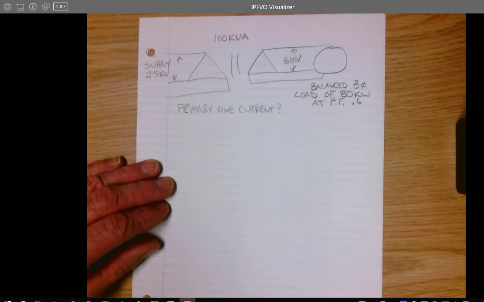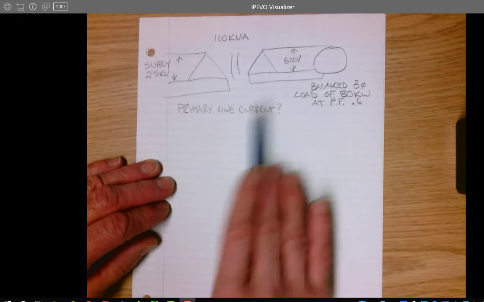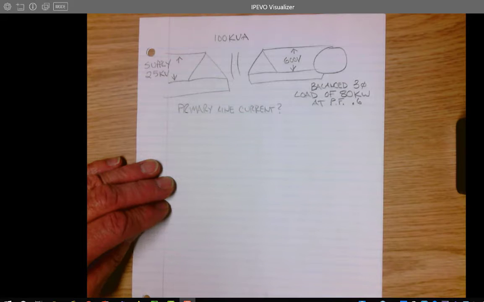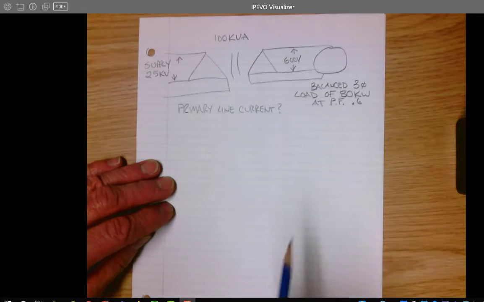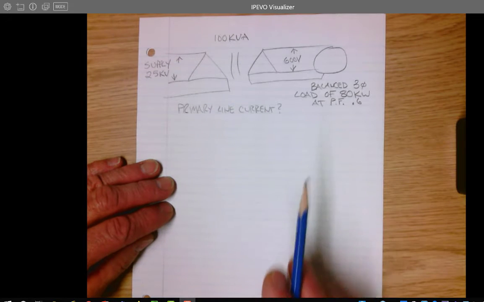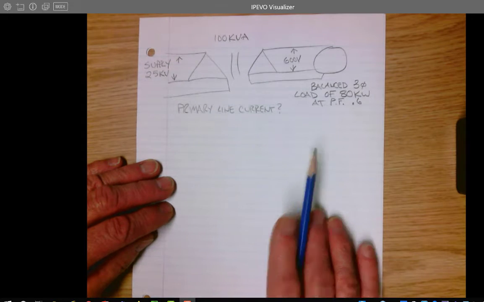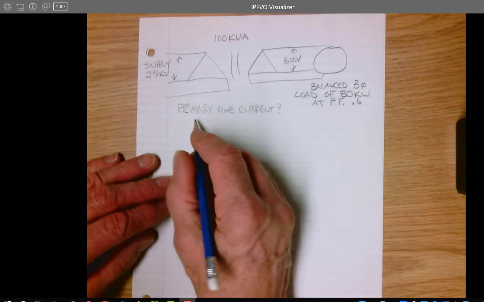Now to find currents in a load like this, there are a couple ways you can do it, but I try to, as much as possible, practice using my three-phase power formulas. It's probably the best way to practice doing one like this. And the basic three-phase power formula is for VA.